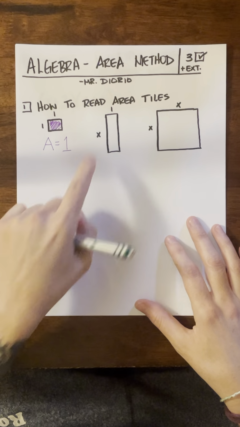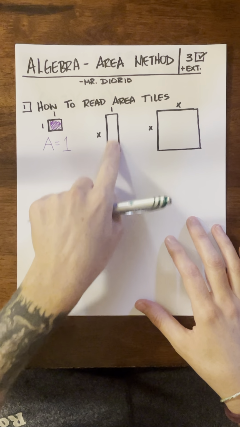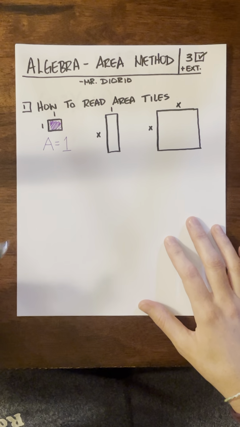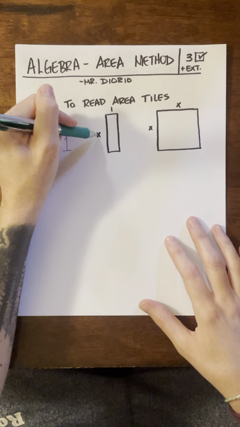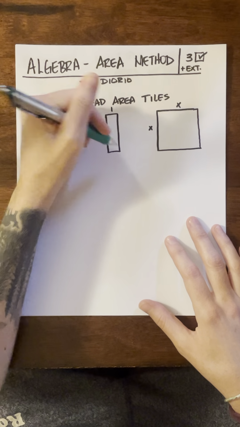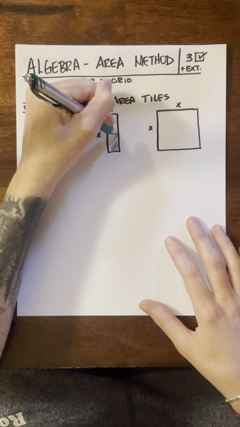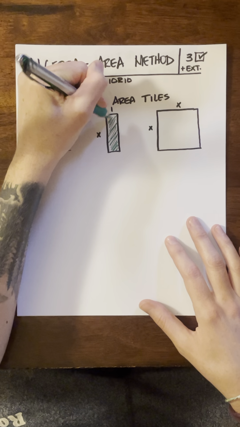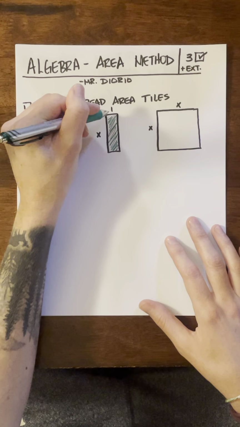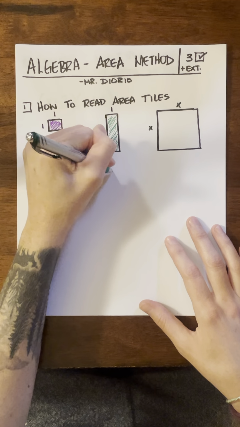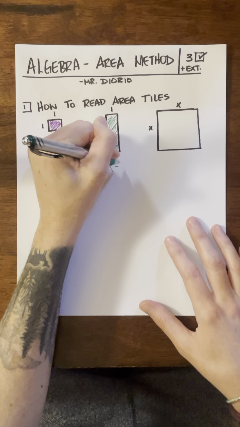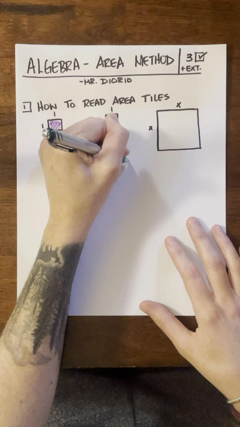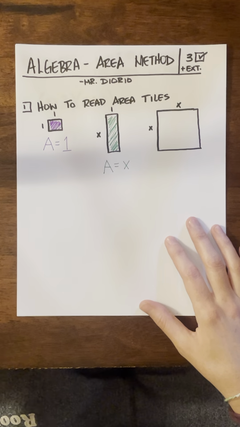Now we have a rectangular algebra tile here, and we have this side as x, this side as 1. Again, to find the area, the entire inside of our rectangle, we have to multiply x times 1, and x times 1 is x, so the area of our rectangle is x.